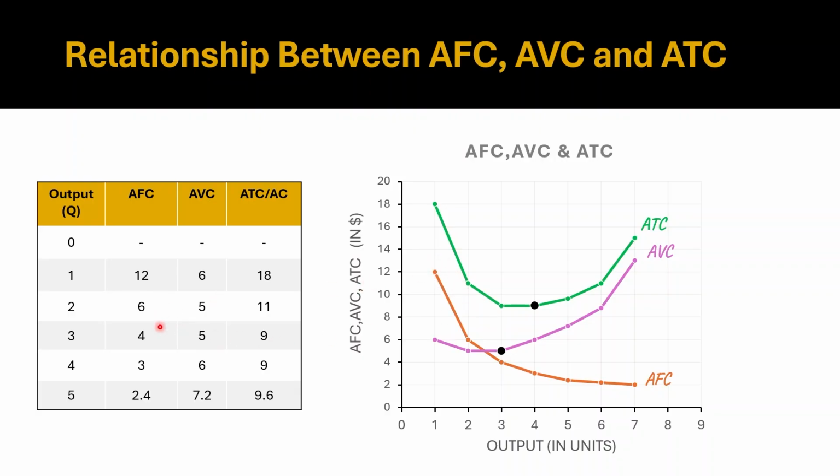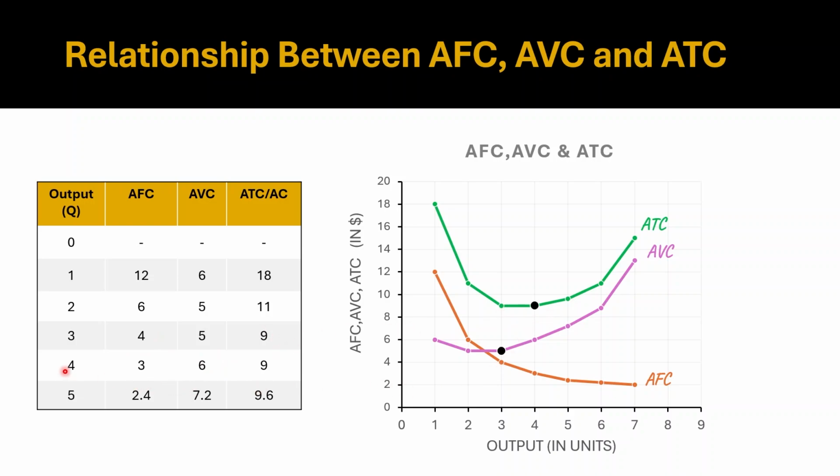The fall in AFC is more prominent in the shape of ATC curve. After that, if you notice, when we move from 3 units to 4 units, your fall in AFC and your rise in AVC are both equal. So AC has become constant.